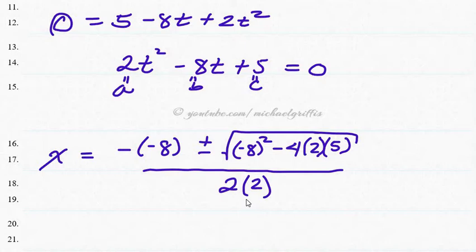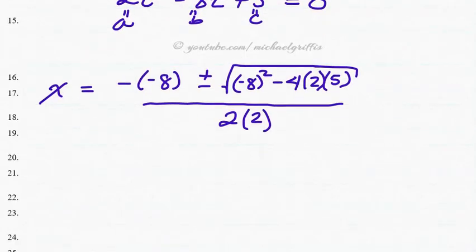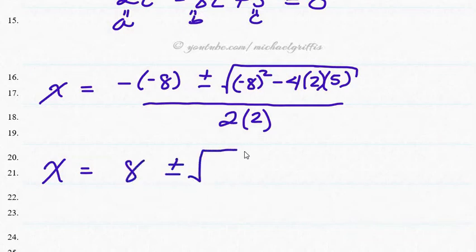Now what we're going to need to do is simplify this thing down. Negative negative makes that a positive, plus or minus the square root. So what is all this underneath here?